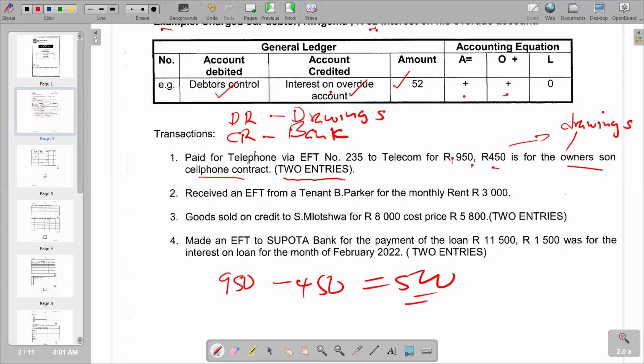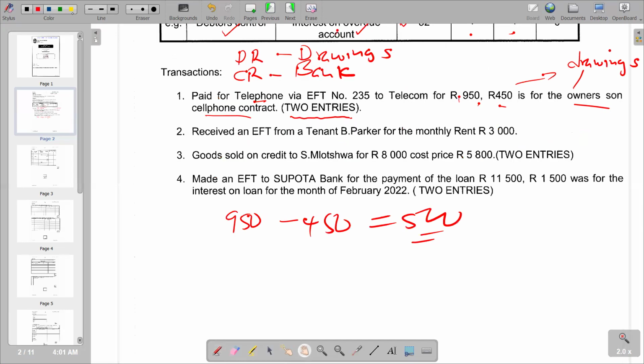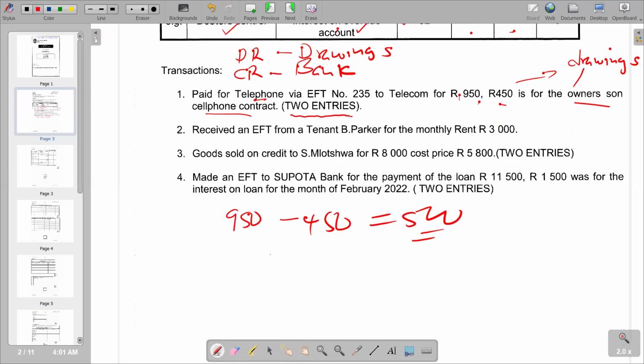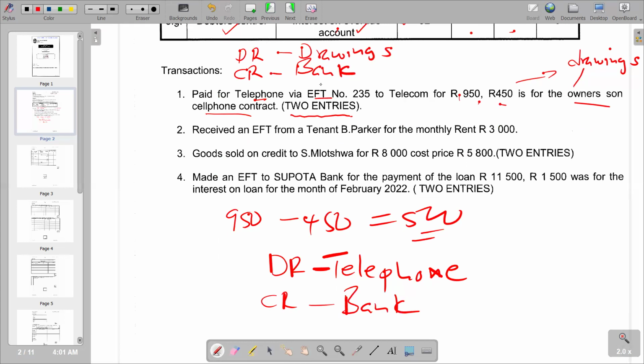So it's a double entry on this 500, which is now on telephone. Remember, telephone is an expense, so we debit telephone and credit bank. It's a payment being made through EFT, which is through the bank.